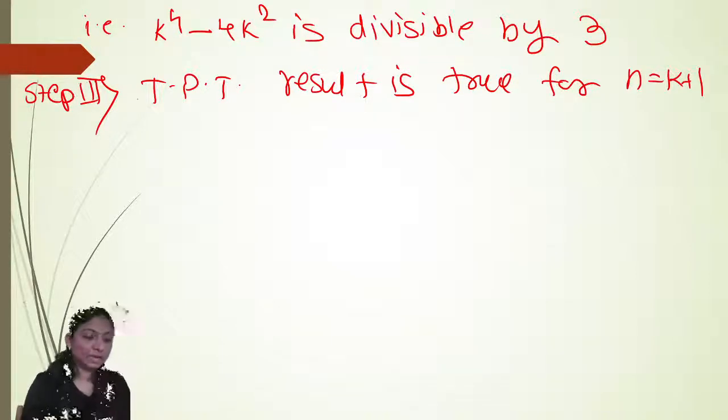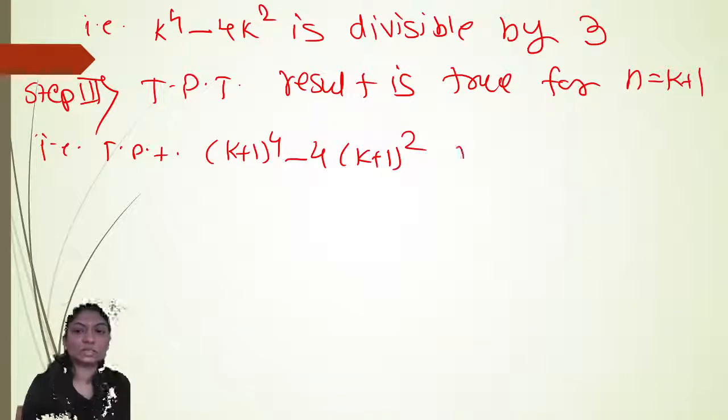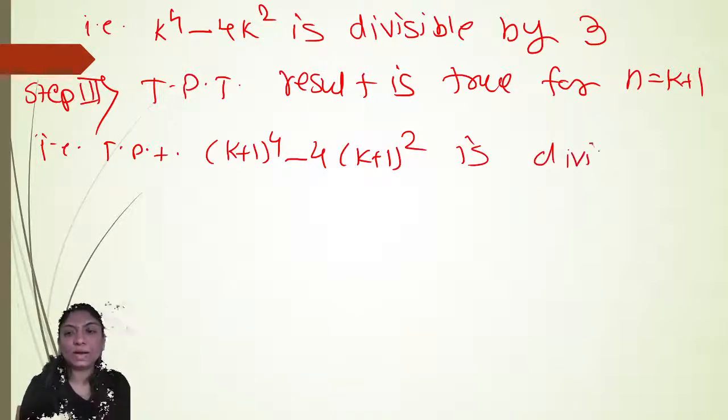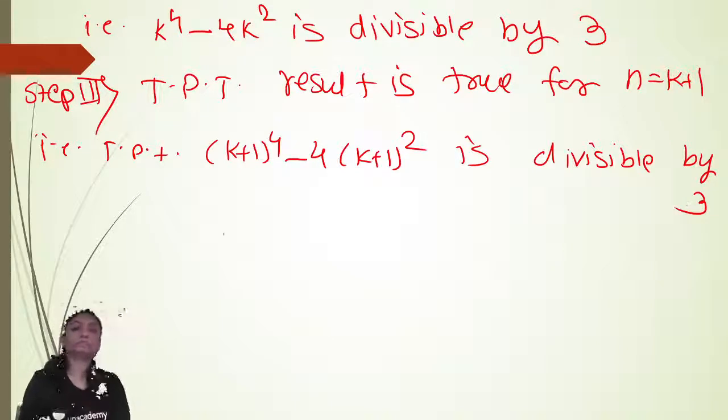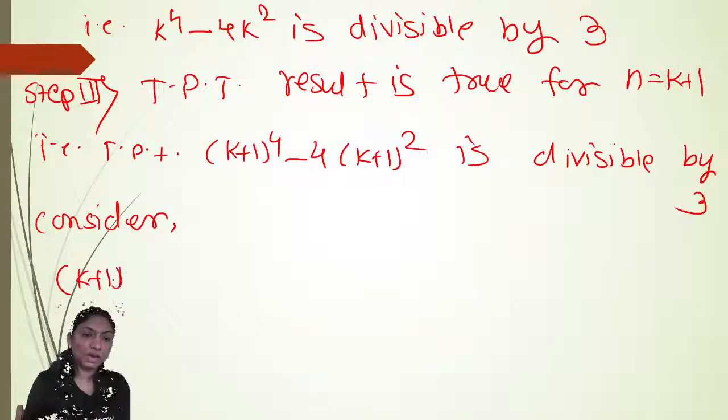So we can consider, that is, to prove that (k plus 1) raised to 4 minus 4 into (k plus 1) square is divisible by 3, right? Divisible by 3. So for that, consider here (k plus 1) raised to 4 minus 4 into (k plus 1) square.